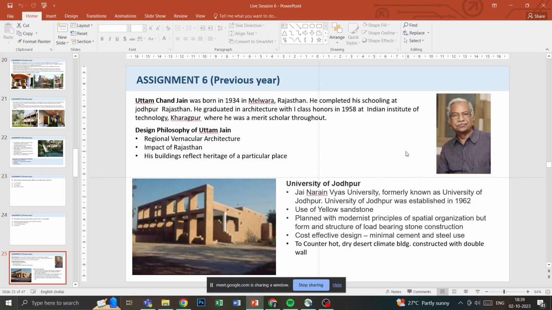It is a cost effective design because there is minimal use of cement and steel, and to counter the hot dry climate, buildings are constructed with double wall. Because it is built in Rajasthan, the passive cooling techniques used in the buildings include brise soleil, thick walls, and double wall, in the sense that there is one wall, then a gap, and then another wall to shade the first wall from the direct sunlight.